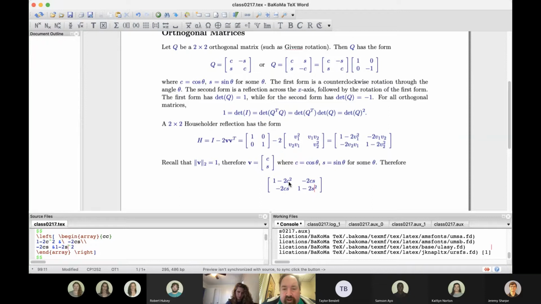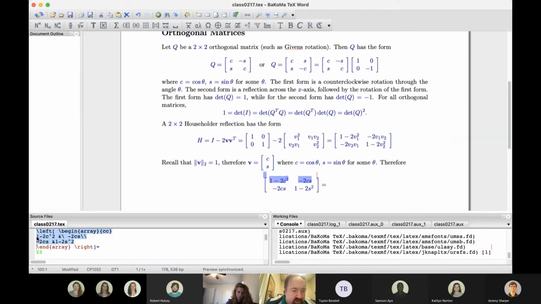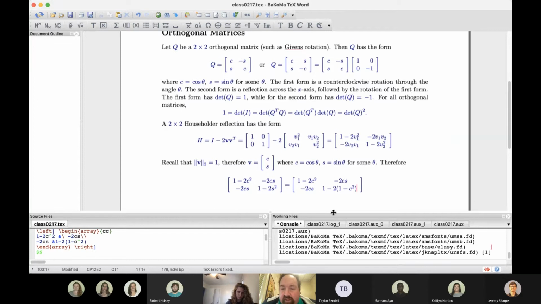Now, sine squared is 1 minus cosine squared. So then I simplify this, and I get 1 minus 2 plus 2c squared.